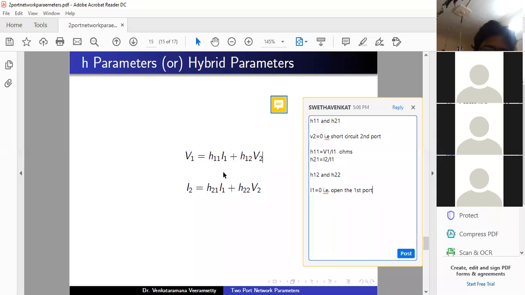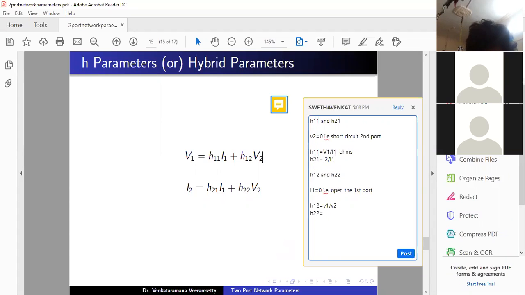If you open the first port, then I1 equal to 0, and we have V1 equal to H12 into V2. So H12 equals V1 divided by V2. Similarly, H22 equals I2 divided by V2.